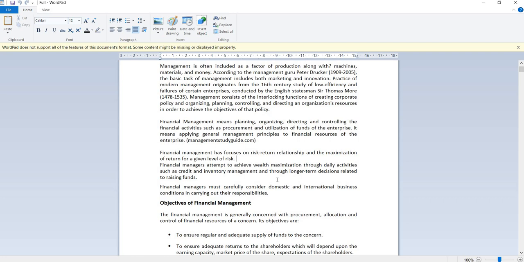Sa stocks pala, there are two types of stocks. You have the preference and the common. So for preference, it is like a liability. So fixed din siya.